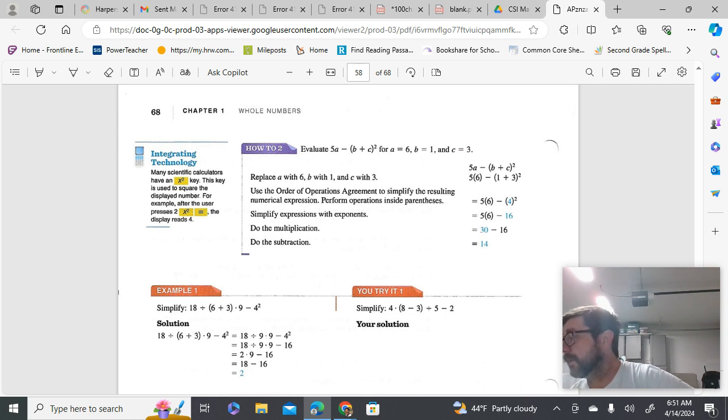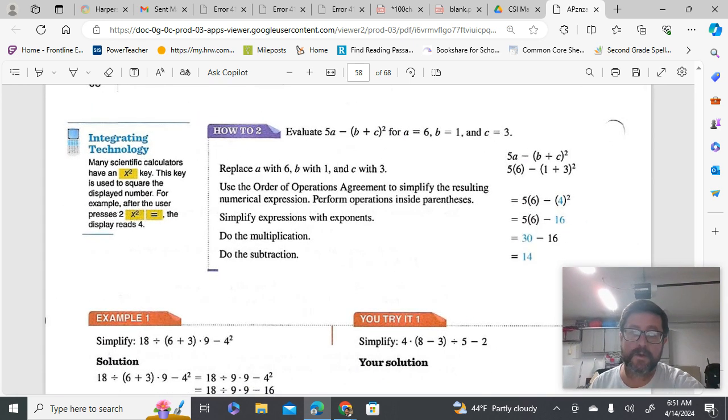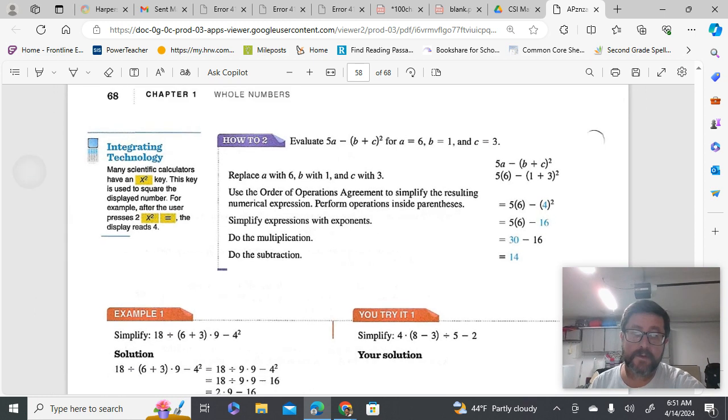So 1.4 is dealing with the order of operations, which I know I've gone over a bit with you guys in class for the CBM's purposes and for our state test preparations I've been doing. But it is what you're supposed to do first is what is inside the parentheses.